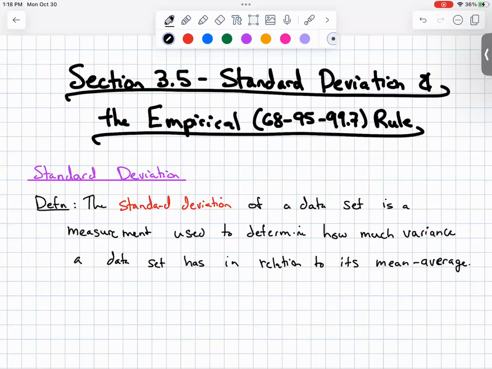The standard deviation is figuring out how much variance there is in comparison to the mean of the data set.